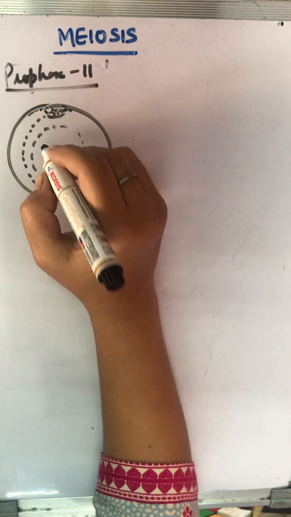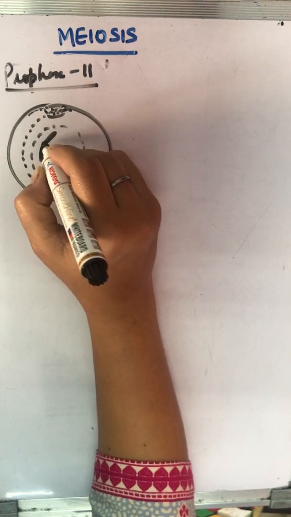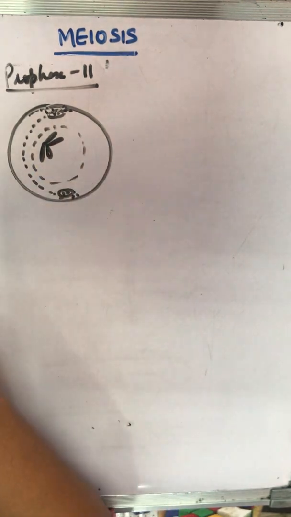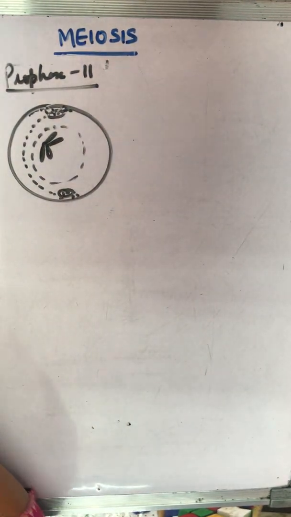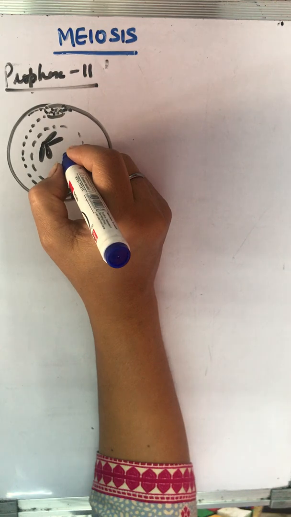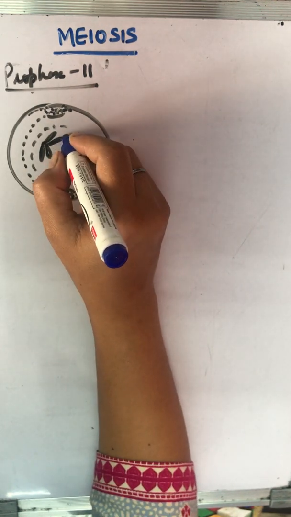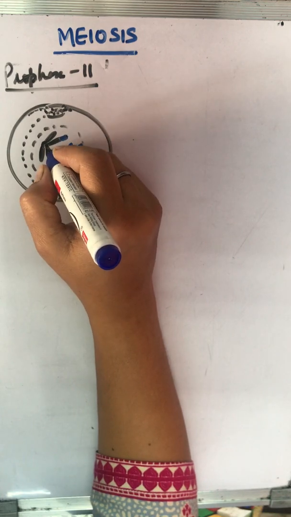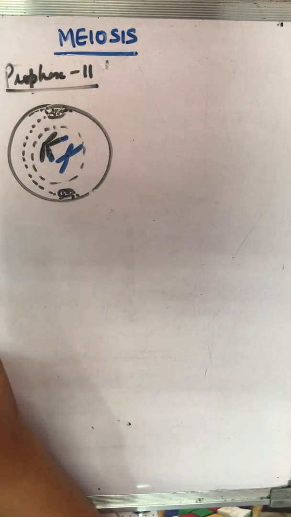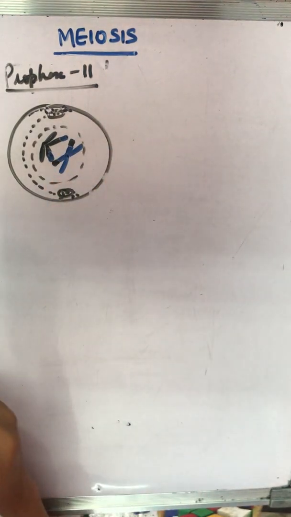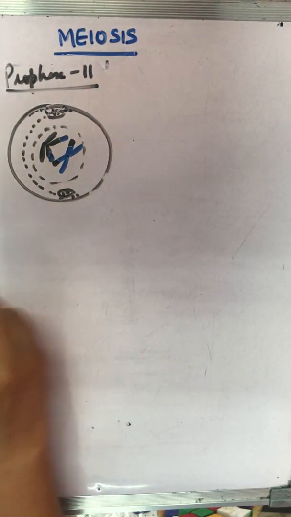And then the chromosomes. This one and the other one. This one and this one. This much we have learnt. How have they become colorful? So we are going to begin with this prophase 2.